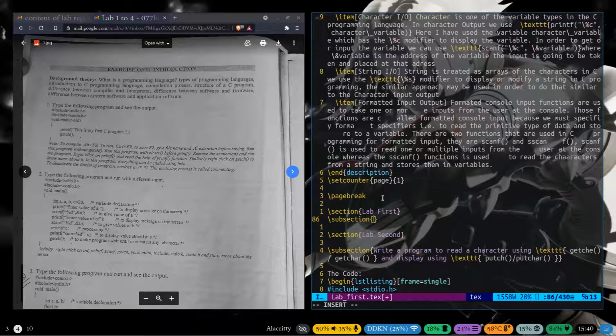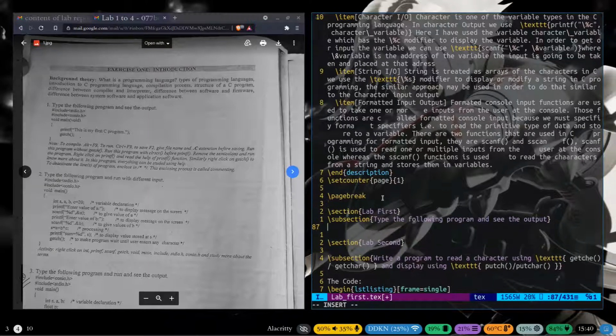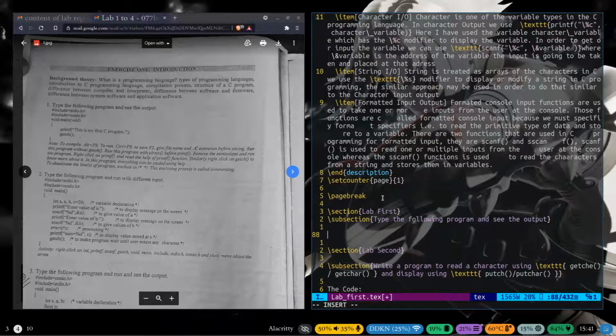Type the following program and see the output.